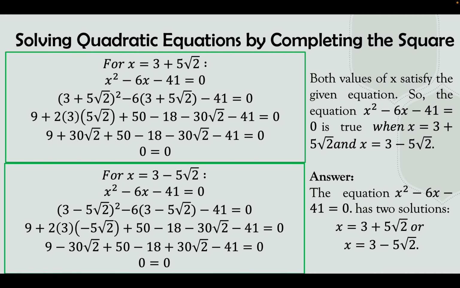Both values of x satisfy the given equation. That means it is true when x equals 3 plus 5 square root of 2 and x equals 3 minus 5 square root of 2. That means this equation has two solutions: x equals 3 plus 5 square root of 2 or 3 minus 5 square root of 2.